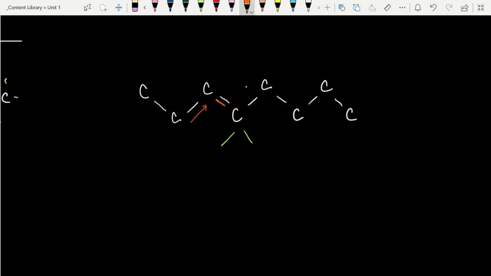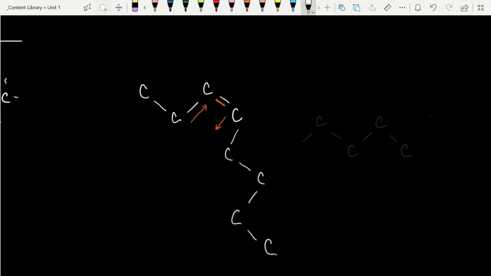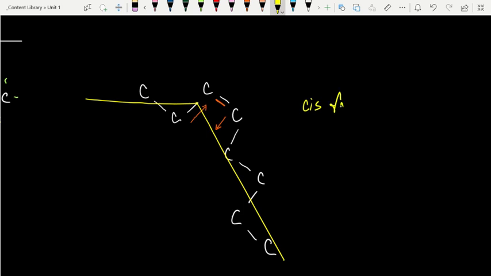But if it's a cis fat, we come in on the bottom and we actually leave on the bottom. So what we need to do is reorient the rest of these carbons. And we have something like that, where we actually put a bend or a kink in the carbon chain. Now instead of linear, we come down and we bend. So cis fats have a kink, whereas trans fats remain linear.